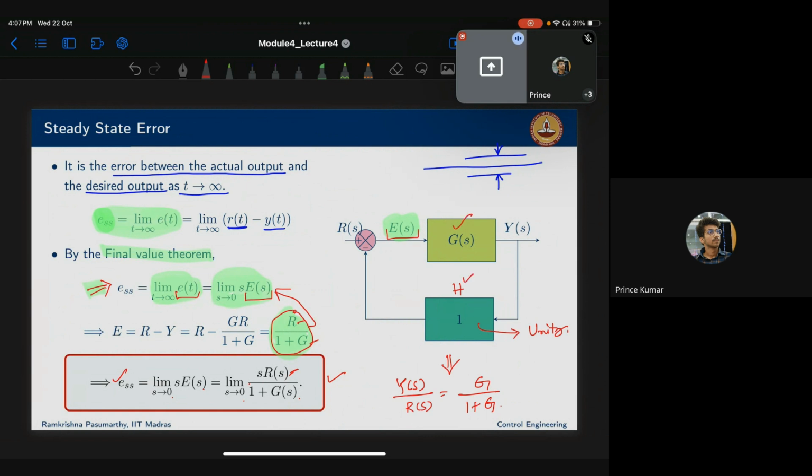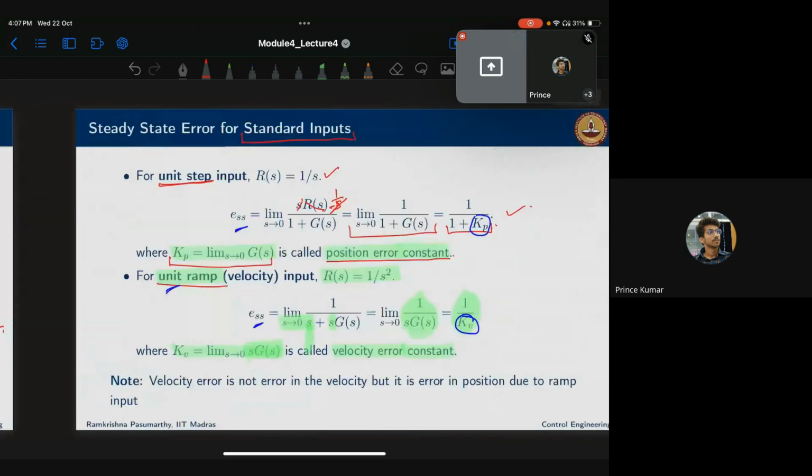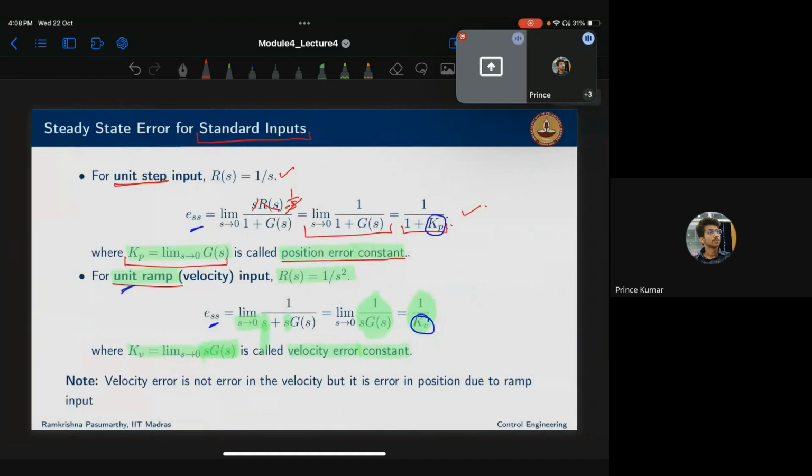So what is the expression I have for Kp? Limit S tending to 0, that is G of S, correct? Yes or no? Let me show you. This one is for the unity feedback.